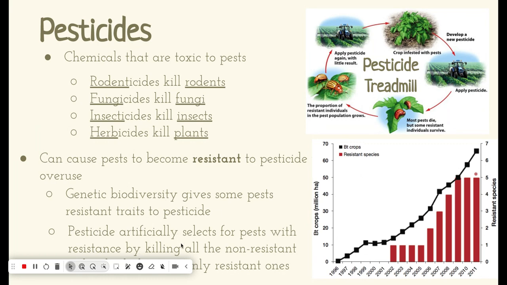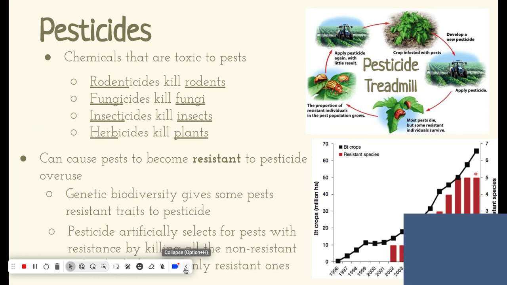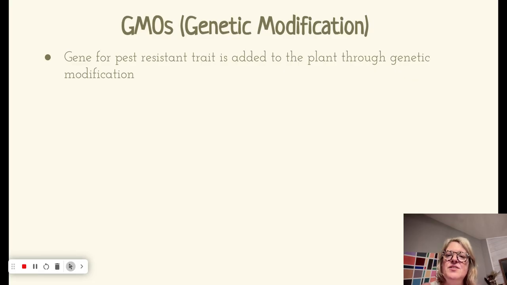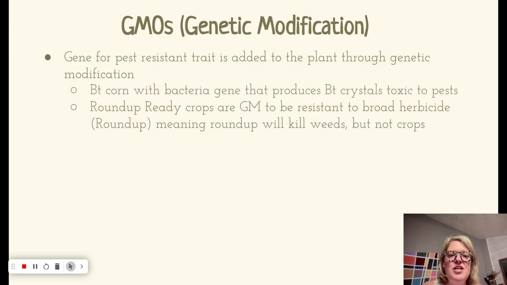We're genetically modifying crops so that they will be more resistant to the pest. Yes, that's exactly right. The gene for the pest resistant trait is added to that plant, like we talked about, through genetic modification.